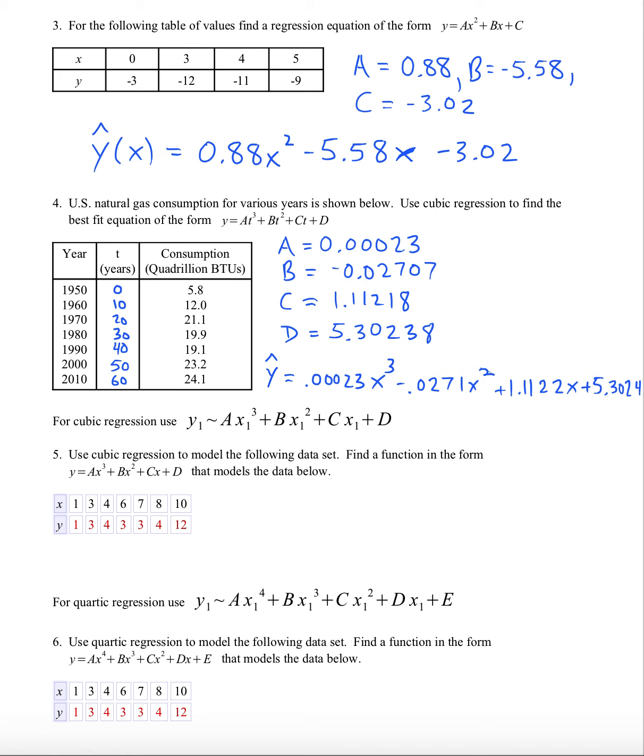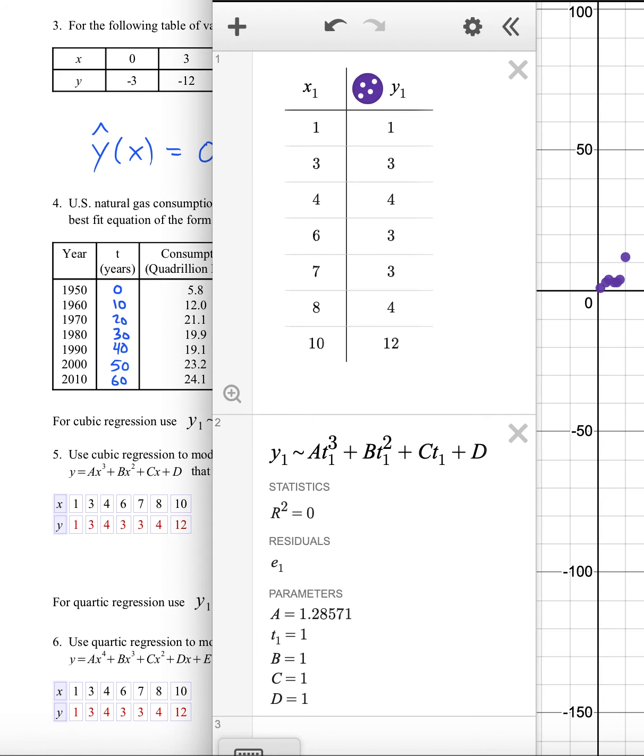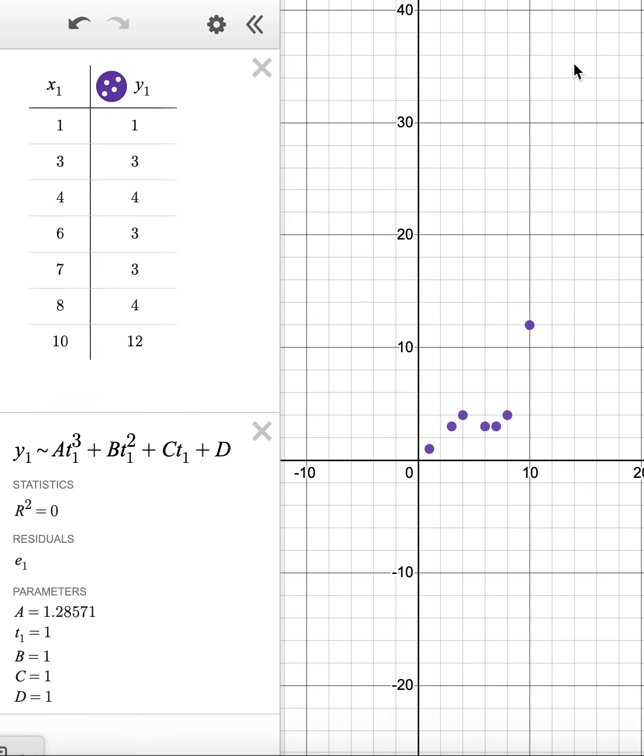And the last two are going to be similar. The data here suggests a cubic model could be good because it looks like there is a peak. It looks like the data is rising toward a peak, then it goes down to a valley, and then back up again.